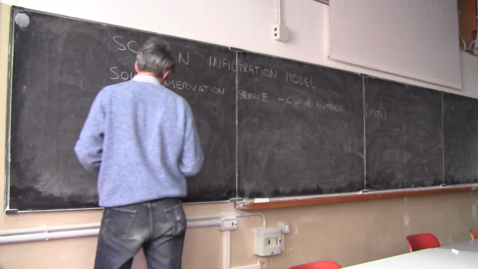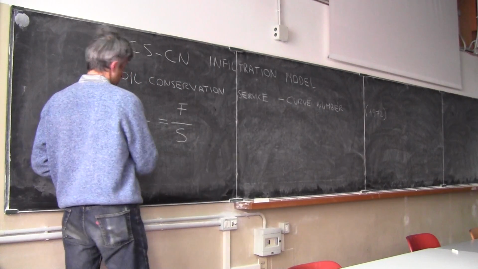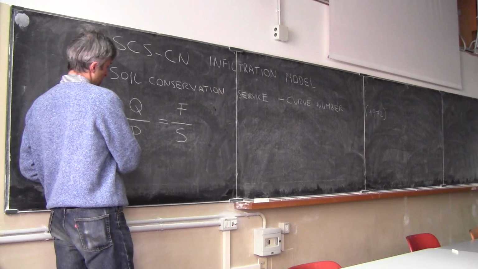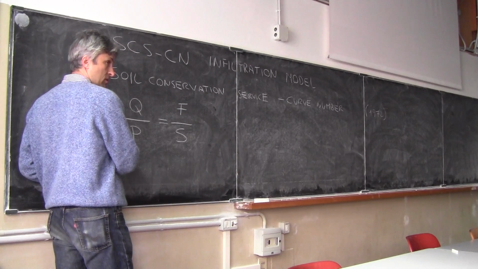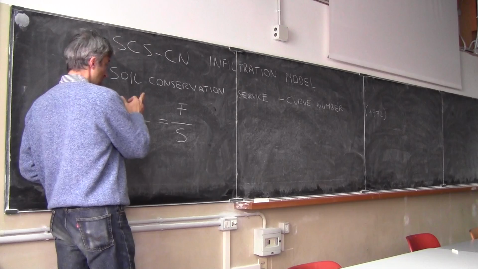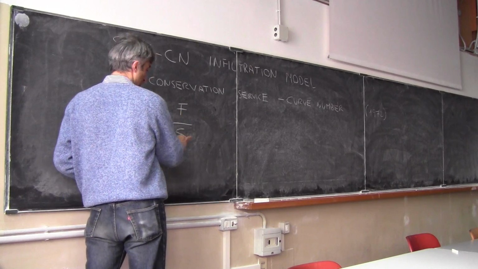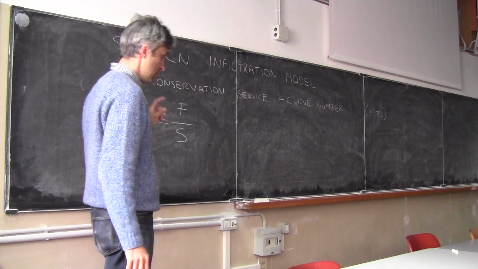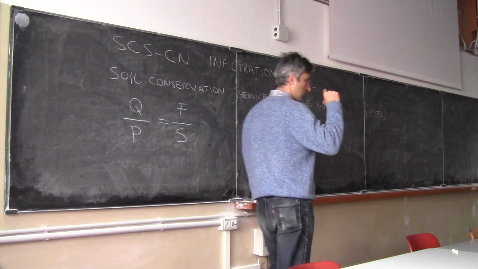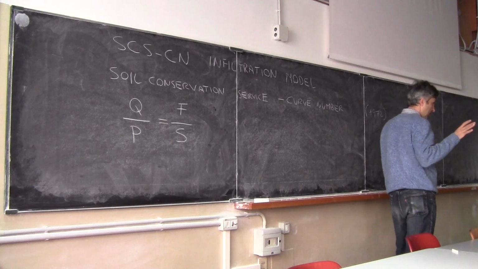Usually these quantities are expressed in terms of length: cumulative precipitation, cumulative surface runoff, cumulative infiltration, and the maximum storage. The unit of measure is length, so it's a volume per unit area.